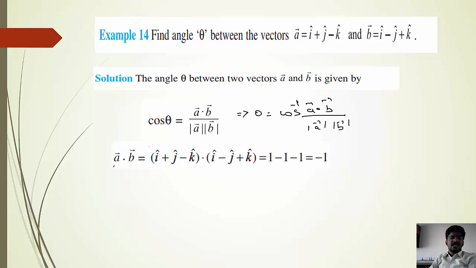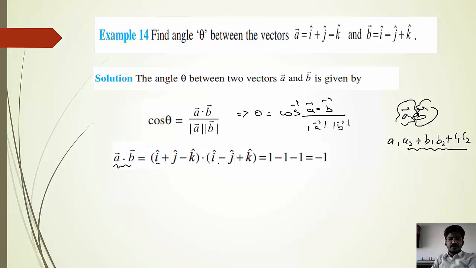So first they are calculating A dot B. We already know whenever two vectors A and B are given, we have to solve with the formula A1 into A2 plus B1 into B2 plus C1 into C2. This I have already discussed in the previous sessions. So now directly I am going to simplify.